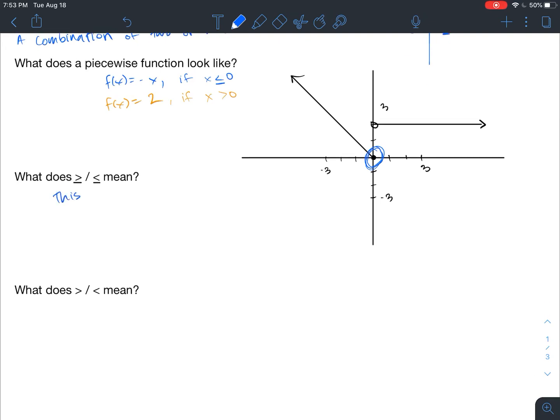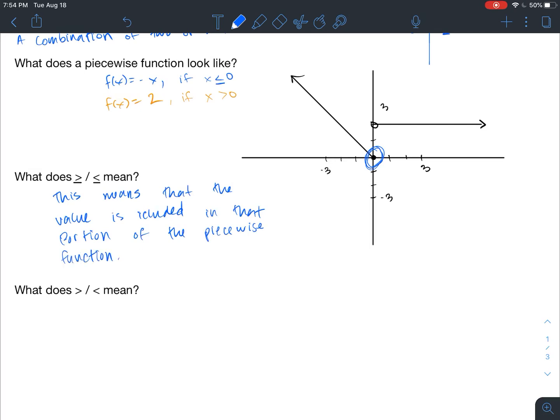Well, this means that the value, so that output value, is included in that portion of the piecewise function. And we show a closed circle.